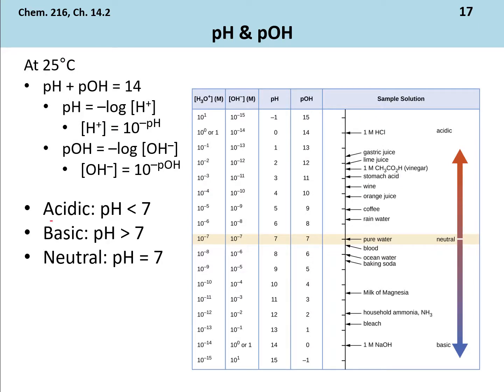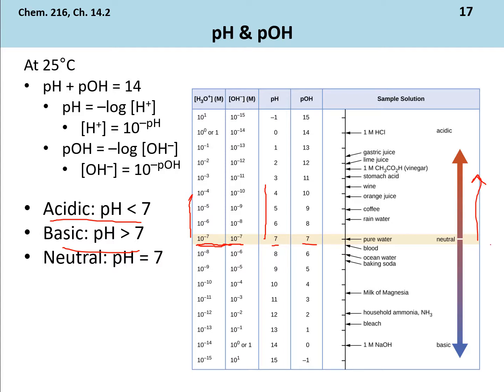Now remember that we said acidic is pH less than 7, basic is pH greater than 7, then neutral is only at pH 7. Okay? So we can look here and say we have neutral here, that's equal amount of H plus and OH minus, pH 7 and pOH 7. If I get more acidic, my pH decreases, my concentration of H plus increases, and my concentration of OH minus decreases.